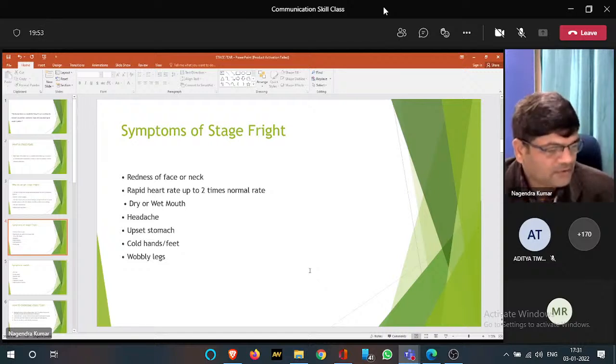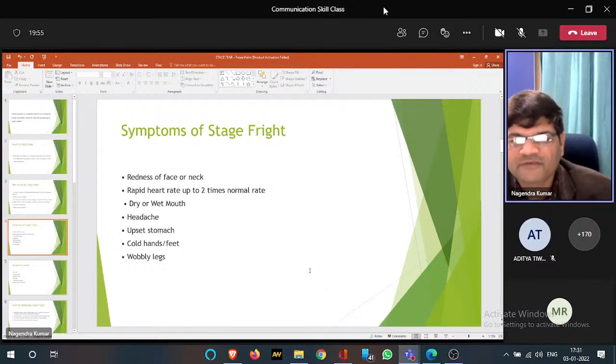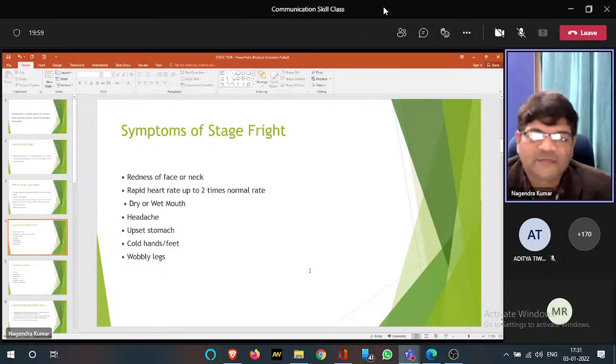Now, all of us experience these symptoms of stage fright. I mean, there are some visible symptoms, and people sitting in front might easily get to know that, but more than anybody else, you experience these symptoms loud and clear. So you will have hot flushes.